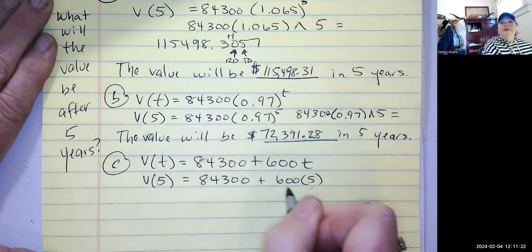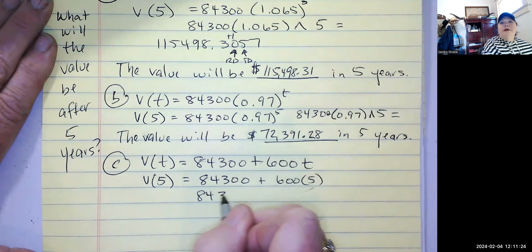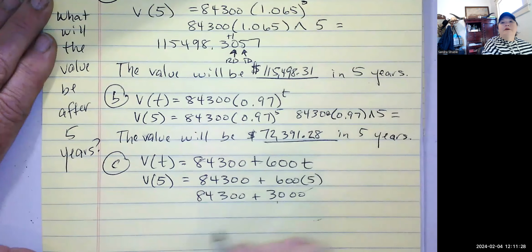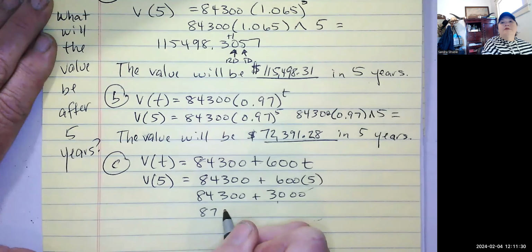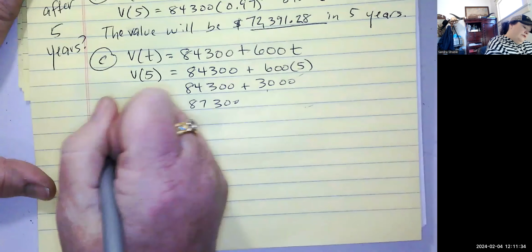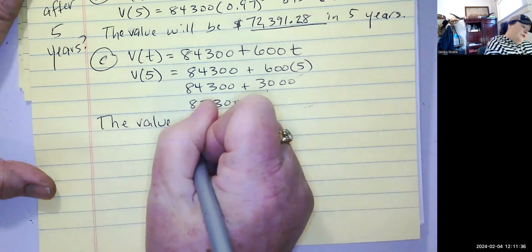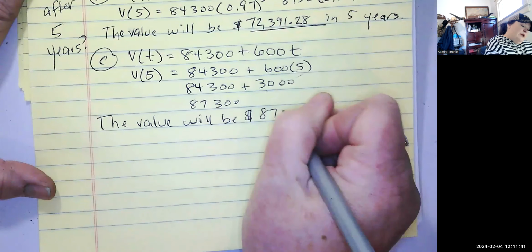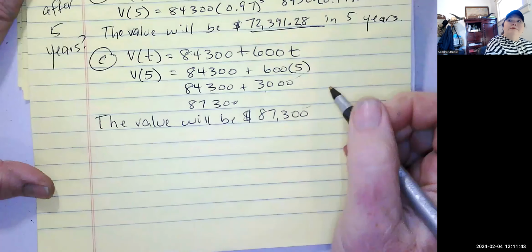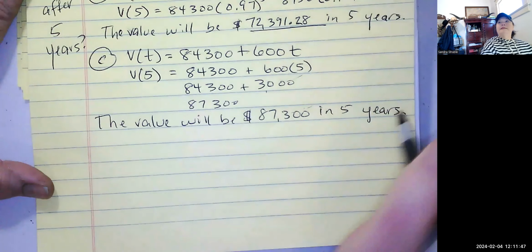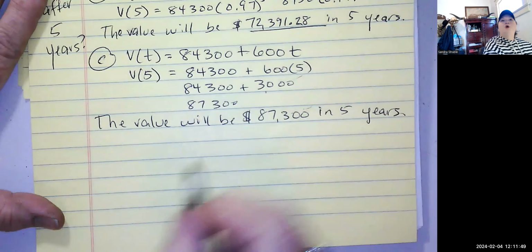I'm going to multiply these two. 84,300 plus 3,000 is 87,300. All right, so the value will be $87,300, no rounding needed, in 5 years. Got my sentence, got my unit, I'm golden.